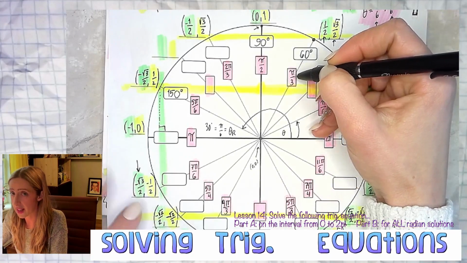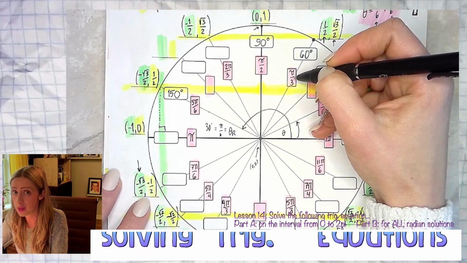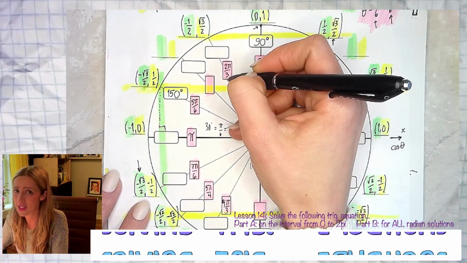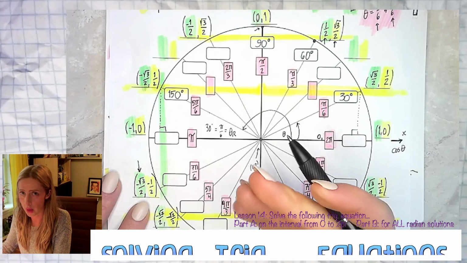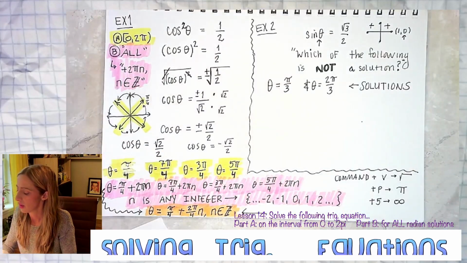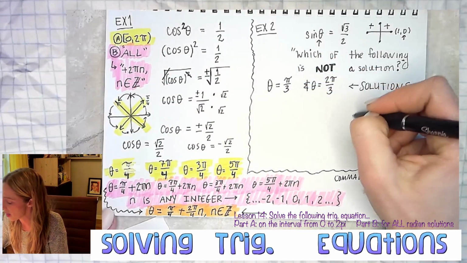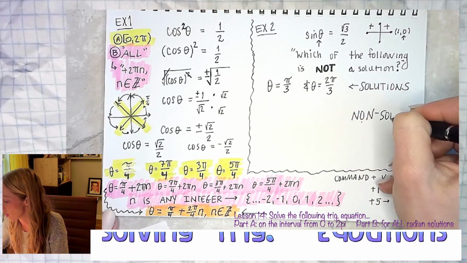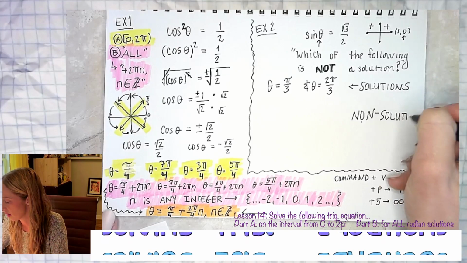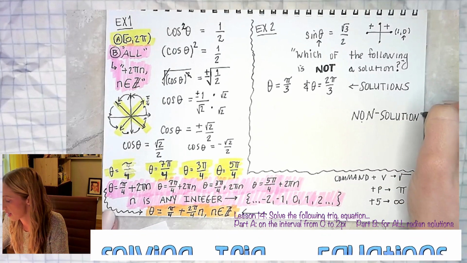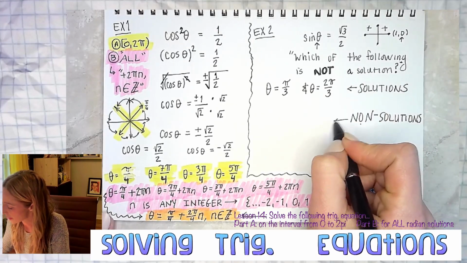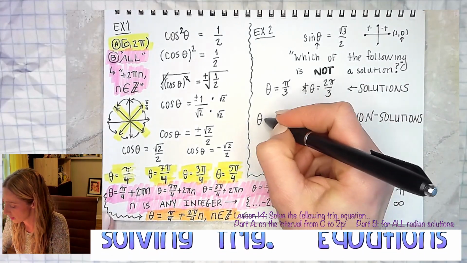7 pi over 3 is coterminal, so it is a solution. 8 pi over 3 is coterminal, so it is a solution, and so on. Okay? That being said, can someone give me an example of an angle over 3 that would not be a solution to this?